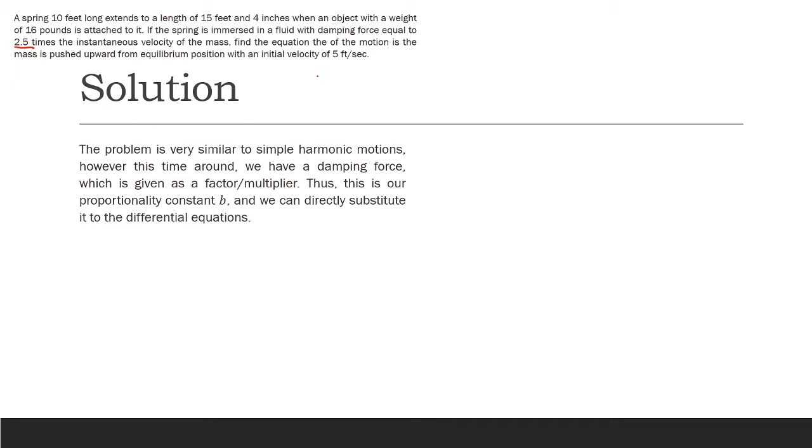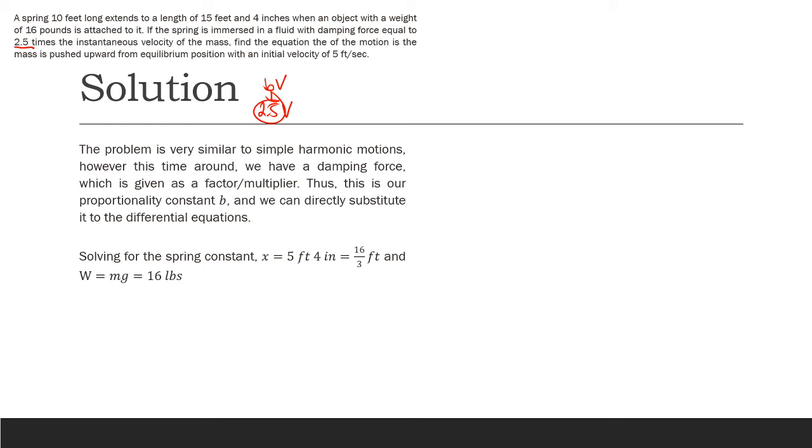So, that is your B. Your B, because it's 2.5 times your velocity, which is, di ba, ang formula natin for the damping force is BV, B times velocity. So, therefore, ang proportionality constant natin is yung 2.5. Now, we solve now for the spring constant kasi hindi naman given yung spring constant natin.